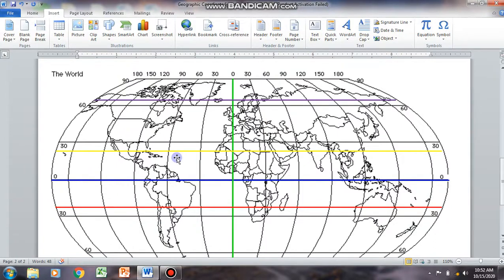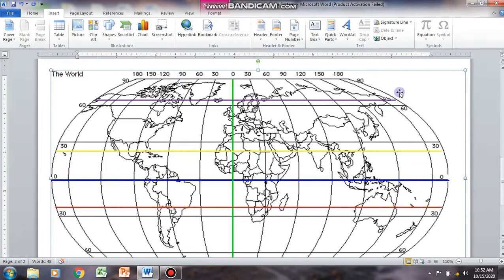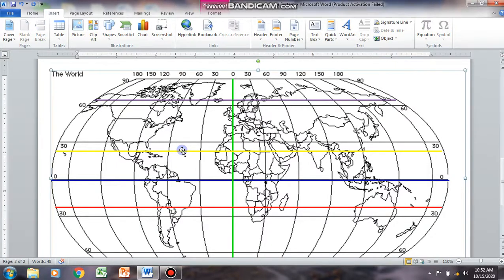While this one, the blue line, indicates equator, located 0 degrees latitude.